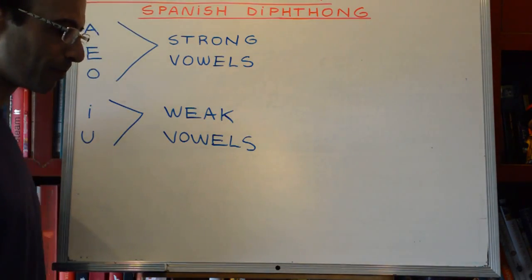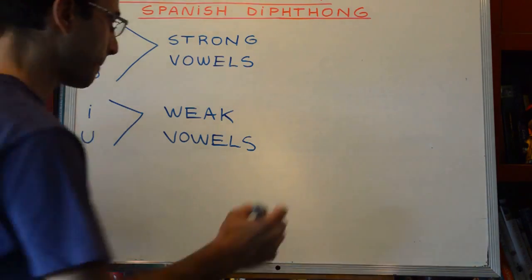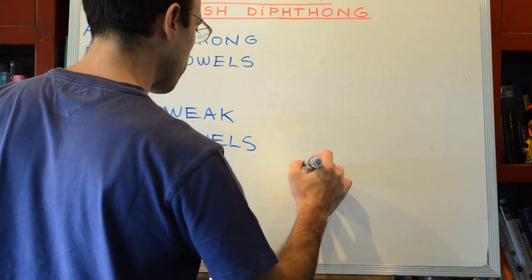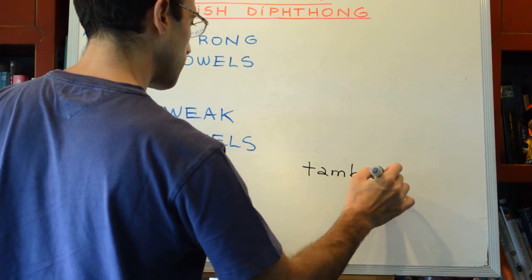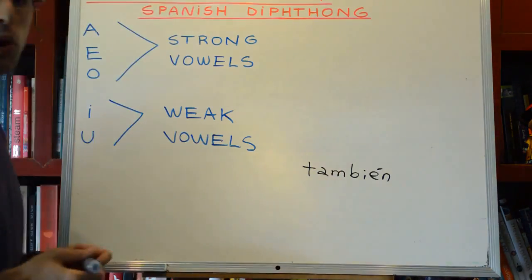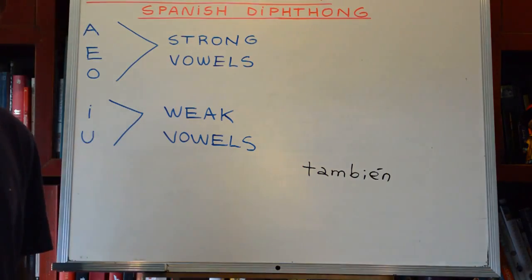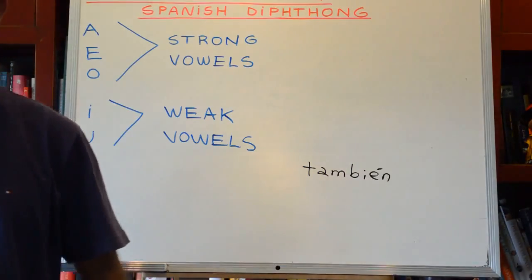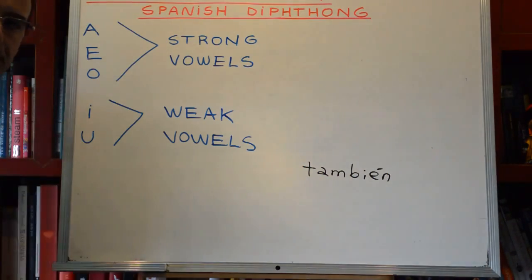For example, también. The word también means also, or too. For instance, él también vino: He came too, or he also came. También.